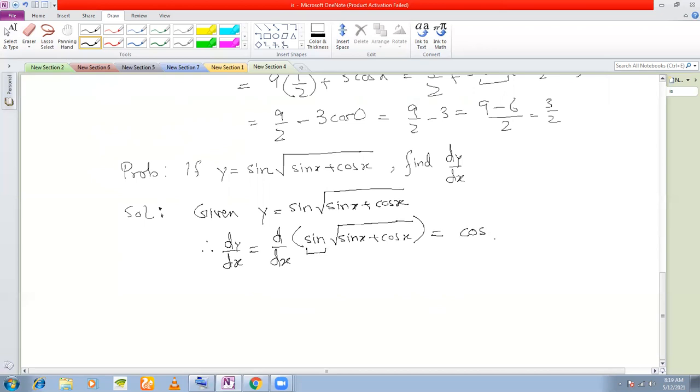And what is inside this sine? Root sine x plus cos x. Next, what we have to differentiate? Next, we differentiate this radical, right? If you differentiate this radical, how much will you get? d/dx of root x is 1 by 2 root x. This is 1 by 2 root sine x plus cos x, right? Into what is inside the radical? Sine x plus cos x. So into the d/dx of sine x plus cos x.